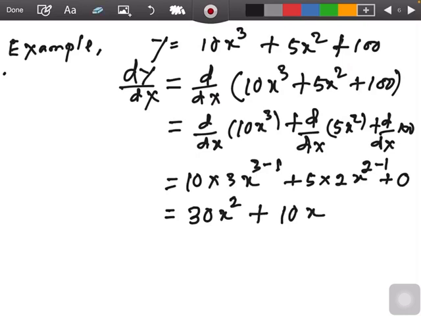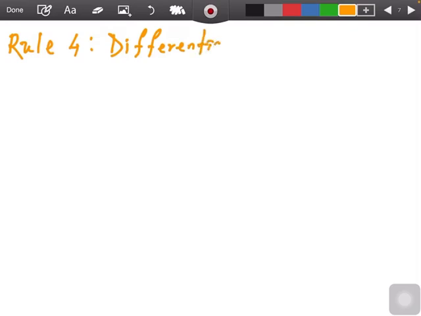So this is how you can calculate dy by dx. This is all about rule number 3. Next rule of derivative is rule number 4, that is differentiation of a product.